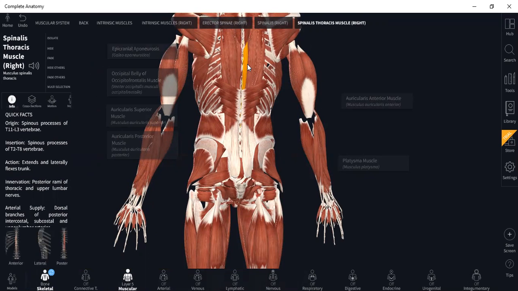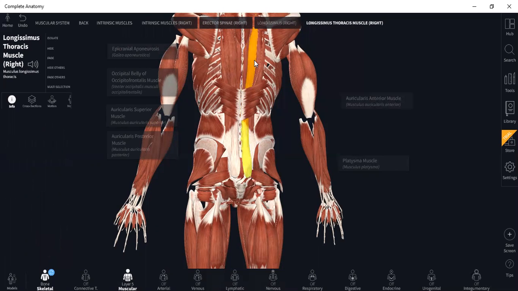We also have a group of deep muscles called the erector spinae group that is responsible for extending the trunk. This group is made up of spinalis and longissimus.